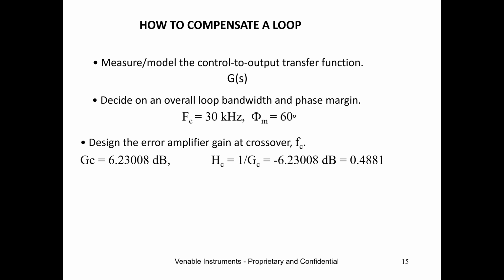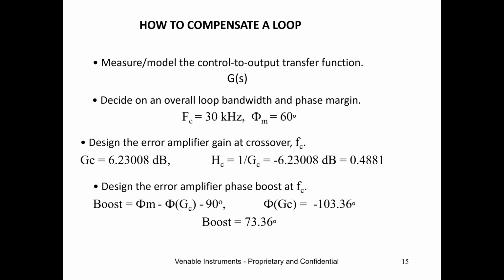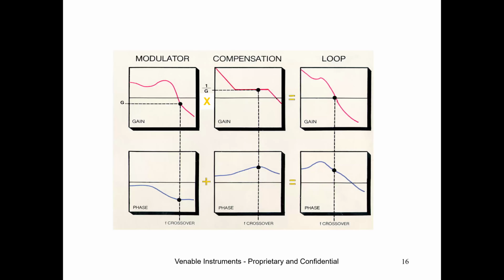You just want your feedback loop to cause the crossover to be 0 dB at 30 kilohertz. And then we design an error amplifier for the boost using the measured phase at your desired crossover point and the phase margin. And by subtracting 90, that gives you the phase boost that we need to get from the error amplifier.